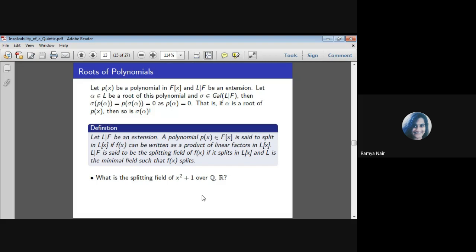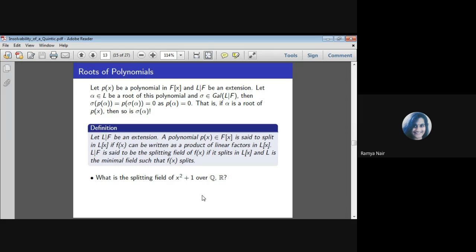Okay. So what I'm saying is, if you have a polynomial P of x in Q[x], and you have an extension L over F, and alpha is a root which belongs to that extension. You can think of the polynomials that we discussed before, say x squared minus 2. You take an element of the Galois group, and you know that it fixes Q. So what happens to that polynomial?